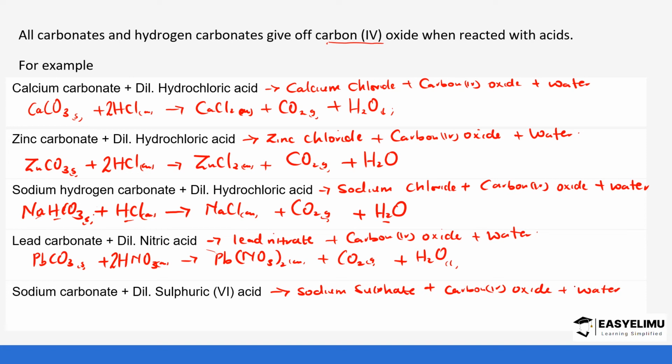If we write the chemical equation for this, it is going to be sodium carbonate plus sulfuric acid to form sodium sulfate plus carbon dioxide plus water.